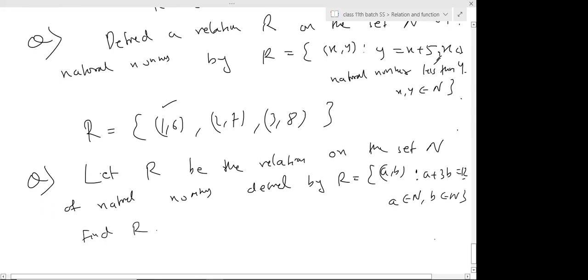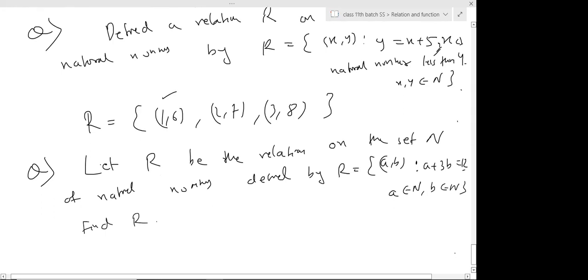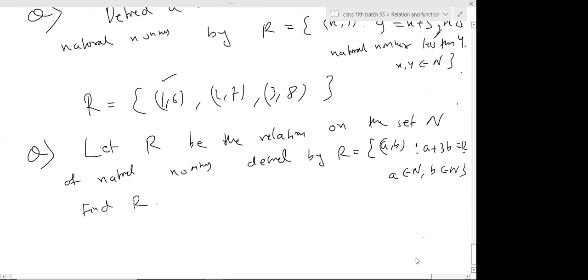Find R. All right, try to solve this one. Tell me when you are done.